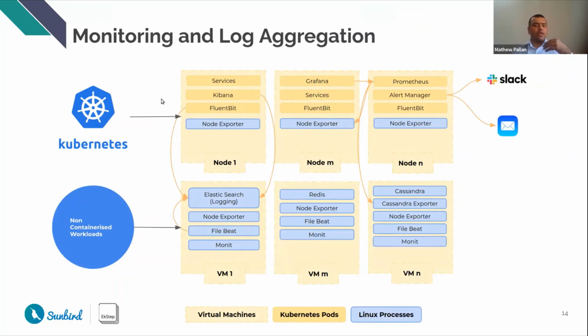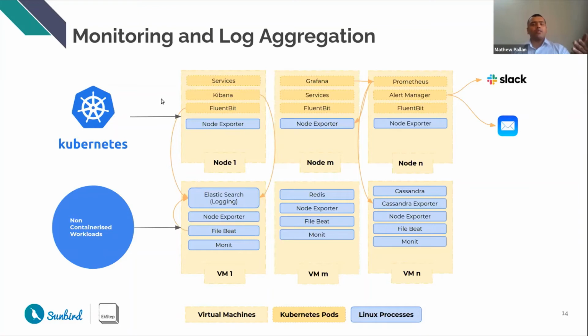I want to highlight some of the components we have embedded into our monitoring and logging stack to ensure that any new VM or any new service that gets added into Sunbird, by us or by the ecosystem, comes under the purview of monitoring and log aggregation. We have automation to ensure that any VM that gets spawned will have Monit, FileBeat and node exporter deployed.